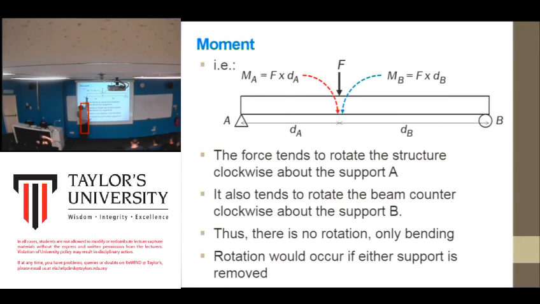Let's say this one doesn't have any support, so it will tend to go down in clockwise, right? Okay, let's say this one is fixed, 0. So this one doesn't have support, so it will move anti-clockwise. Do you guys understand?